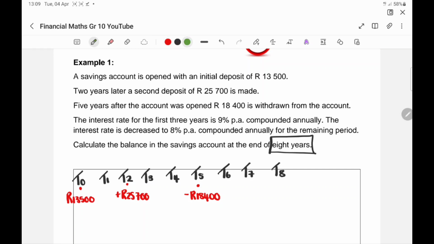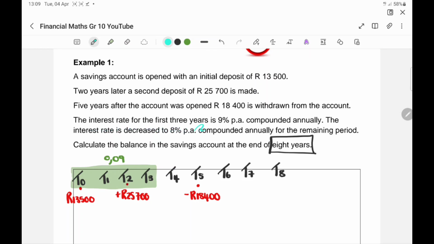Okay. Now, the interest rate for the first 3 years is 9%. So again, let me just highlight with a different color. The interest rate for the first 3 years is 9%, so 0.09. Then it is 9% compounded annually.